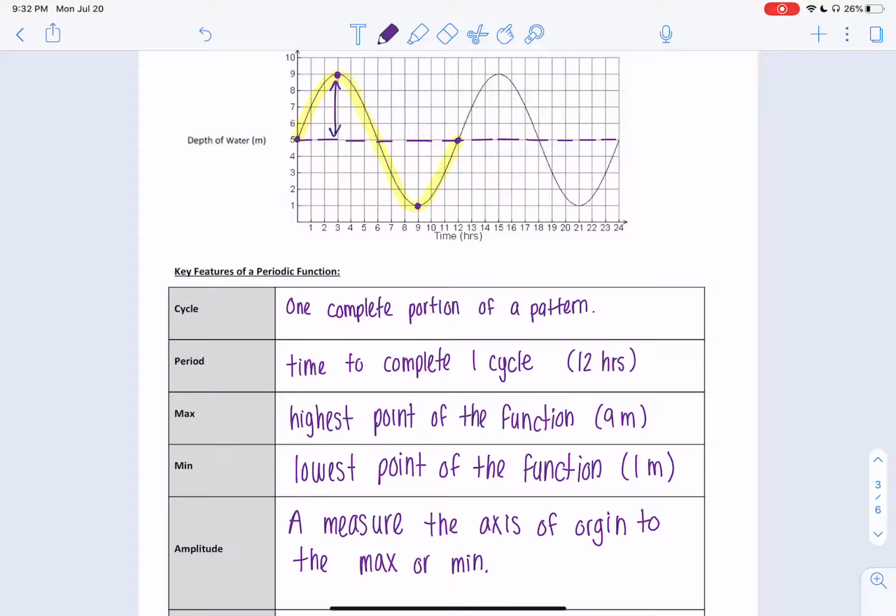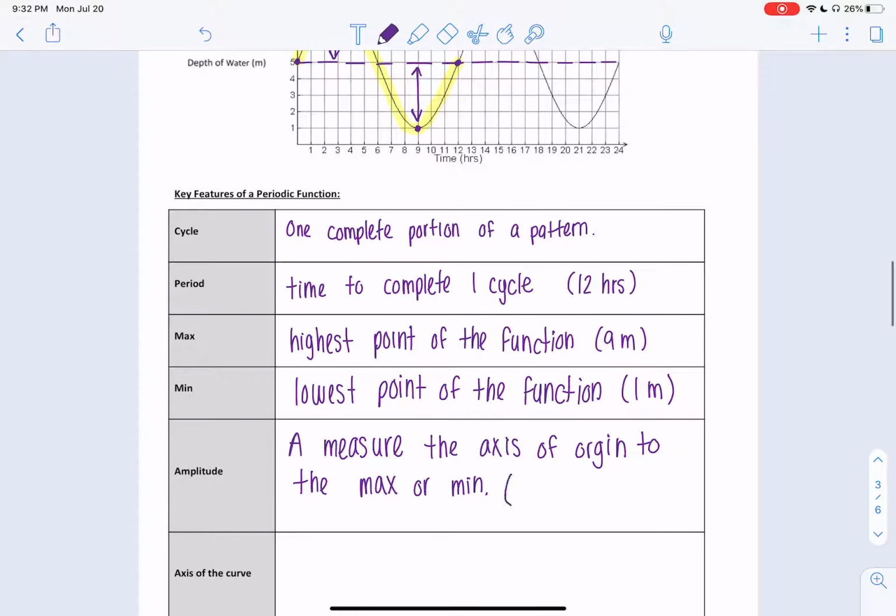So I want to figure out how far our max and our min are away from the axis of origin. So that is our amplitude. So in this case, it would be 1, 2, 3, 4, 4 meters.